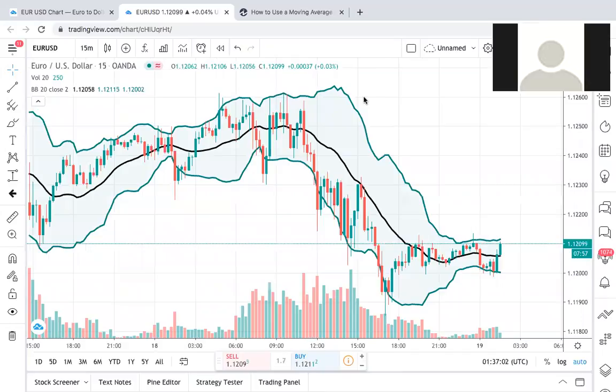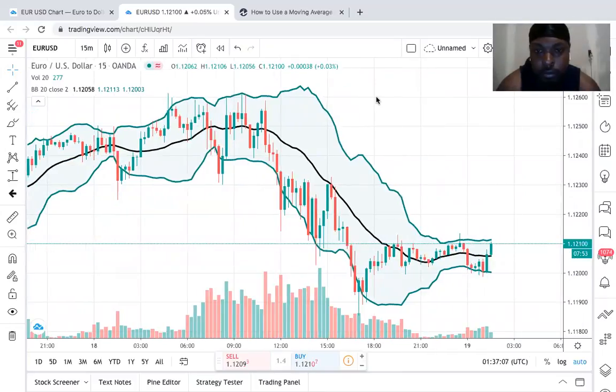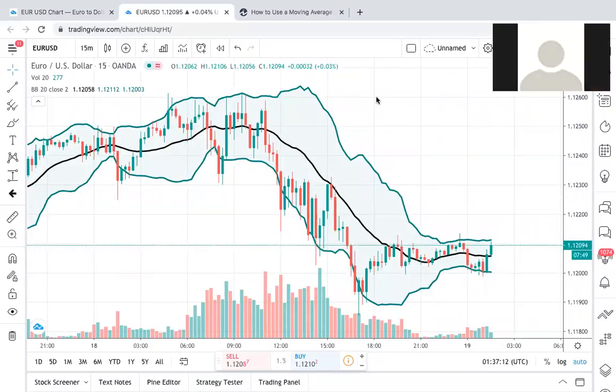They learn the Bollinger Bands, they don't even learn the moving averages. But when you understand those two together, you can really start maximizing your efforts and not losing money, because one of the biggest things with trading is losing money.